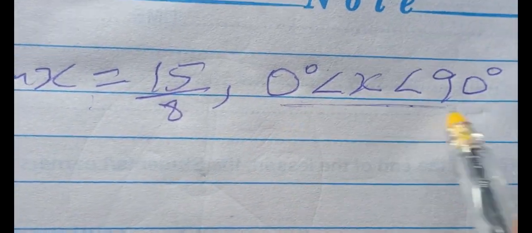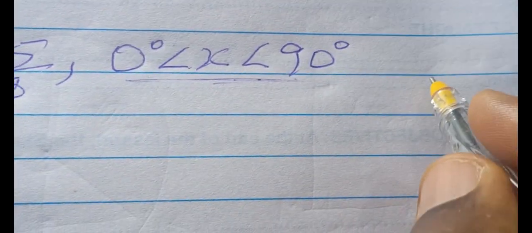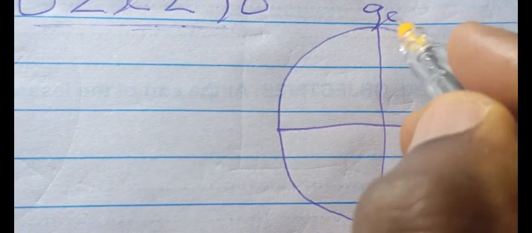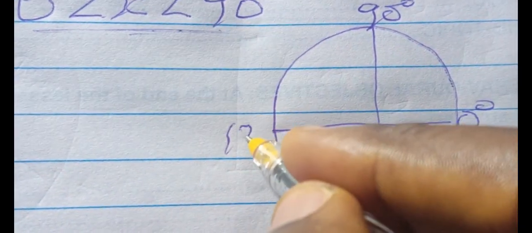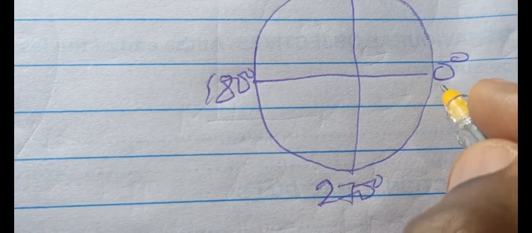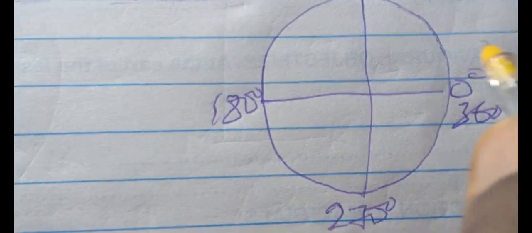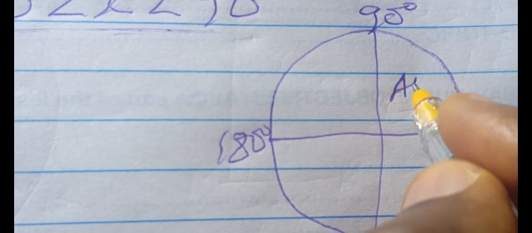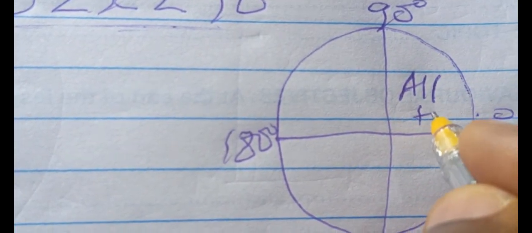What is the meaning of this expression? We have 4 quadrants. We start from 0 degrees, getting to 90 degrees, from 90 to 180, 180 to 270, 270 back to 360. When you move from 0 to 90, every trig ratio is positive.